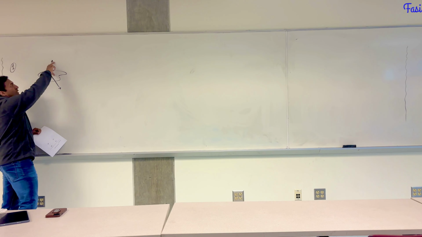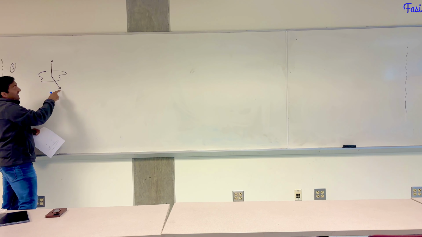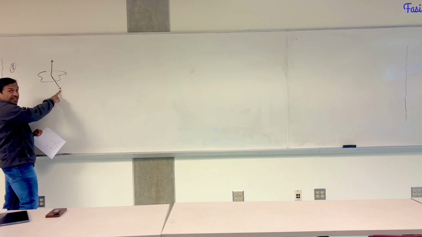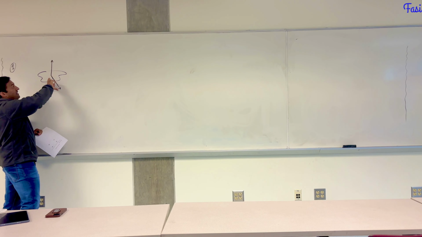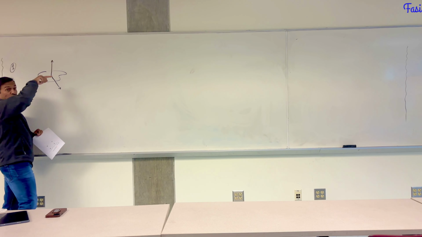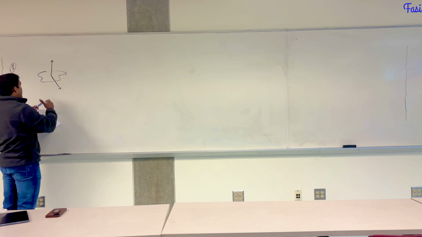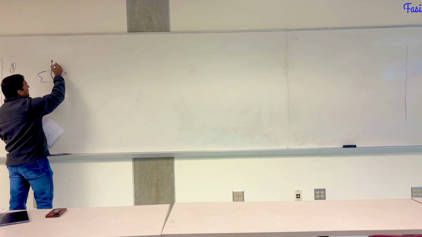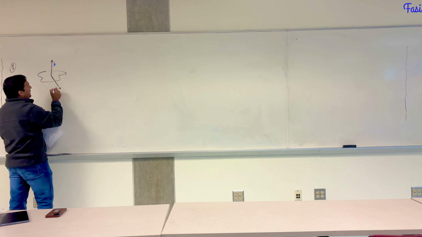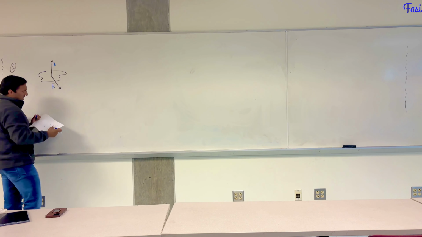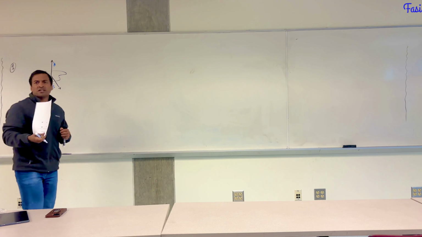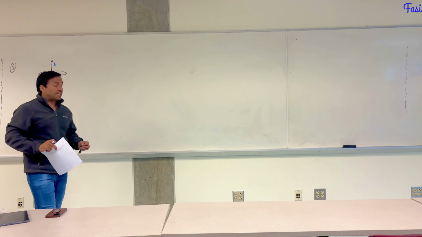So we can take this vector, put its tail at the head of this vector, and then add them. Or we can take this vector, put its tail at the head of this one, and add them. Both should give us the same result. So I'm going to take this first vector. Let's call it vector A, and this one vector B. Although they did not name them here, it's fine. You can just give them any name.